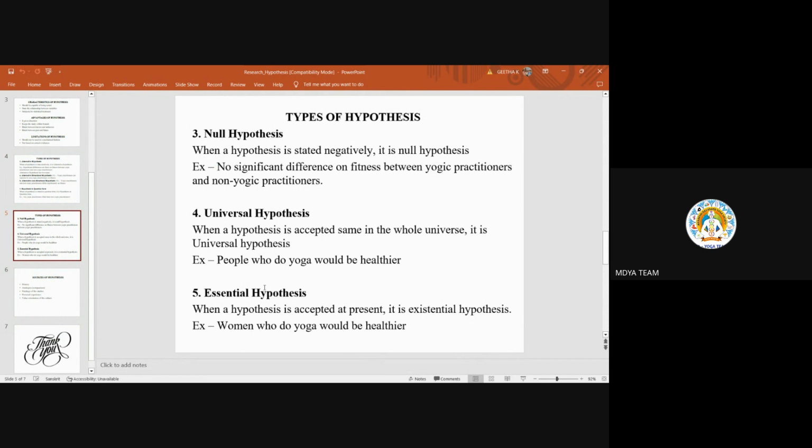There is no controversy in that guess. People who eat less will have a lesser weight, like this. People who don't go for higher studies will not have a better job profile. Similarly, people who don't do yoga will not be healthier. People who do yoga will be healthier.